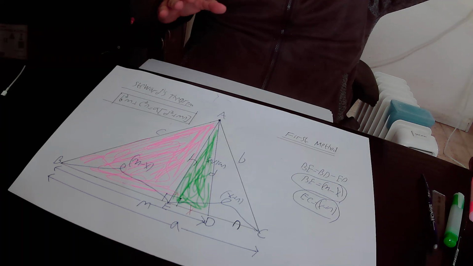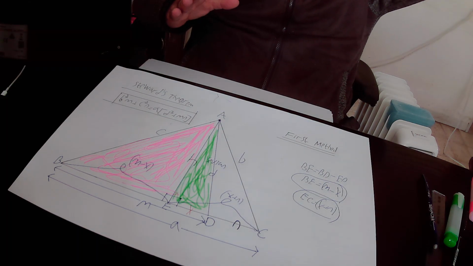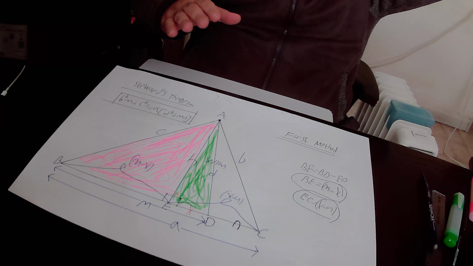In a nutshell, Stewart's theorem yields a relation between the lengths of the sides in the triangle to the length of its cevian.